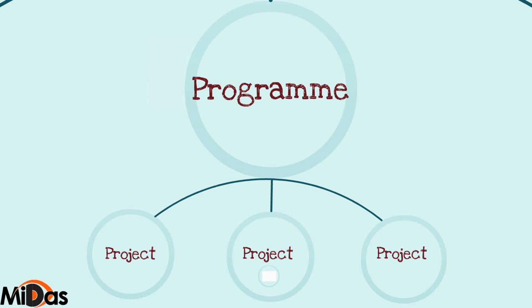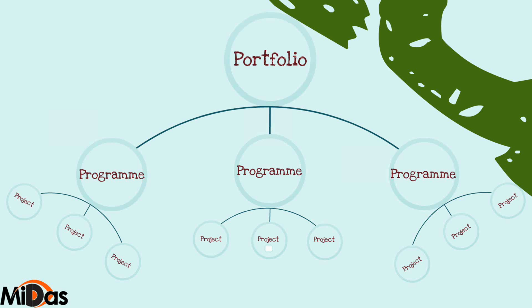So basically projects become part of a program, and multiple programs which are trying to achieve one objective in terms of the strategy of the organization become part of the portfolio. Now, it doesn't mean that the portfolio, program and projects have to be at the organizational level. It can be at the divisional level or the functional business unit level as well, right?